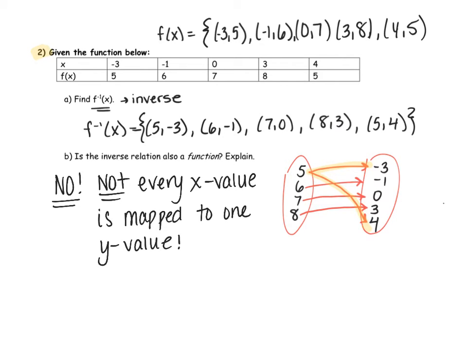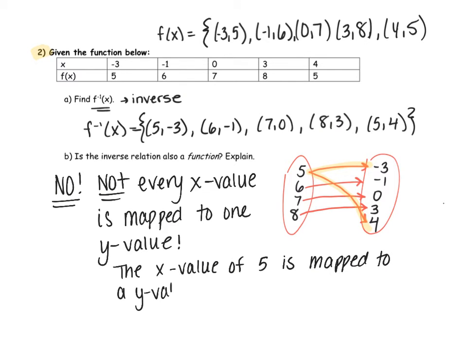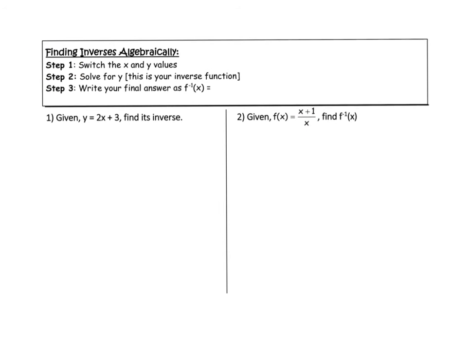And if you want to get even more specific, you could say the x value of 5 is mapped to a y value of -3 and a y value of 4. Awesome. Let's move on to the next part.